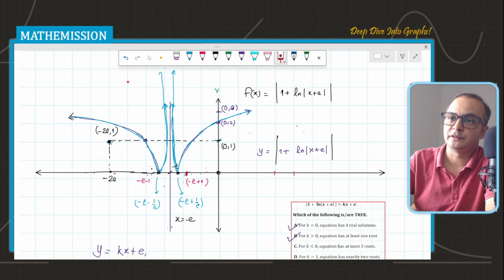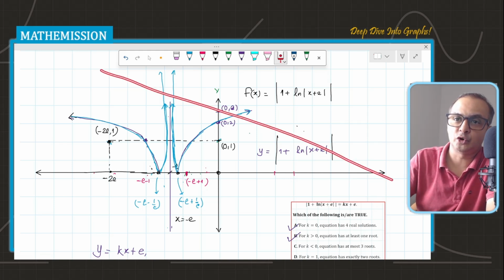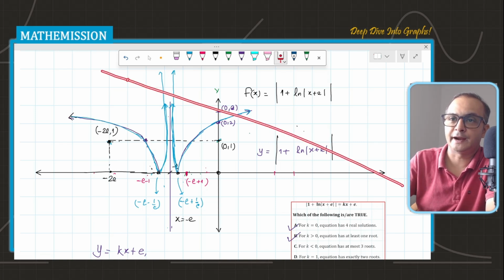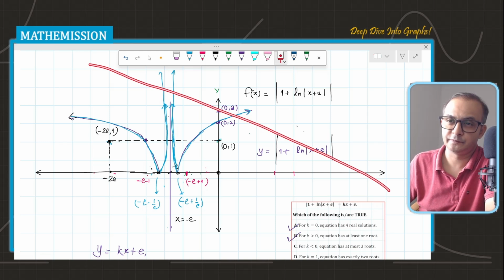It means there are 3 solutions. One solution here, second solution, and third solution. This portion of the graph will never be intersected by that line. This portion I'm highlighting will never be intersected by the line I'm drawing with the negative slope.